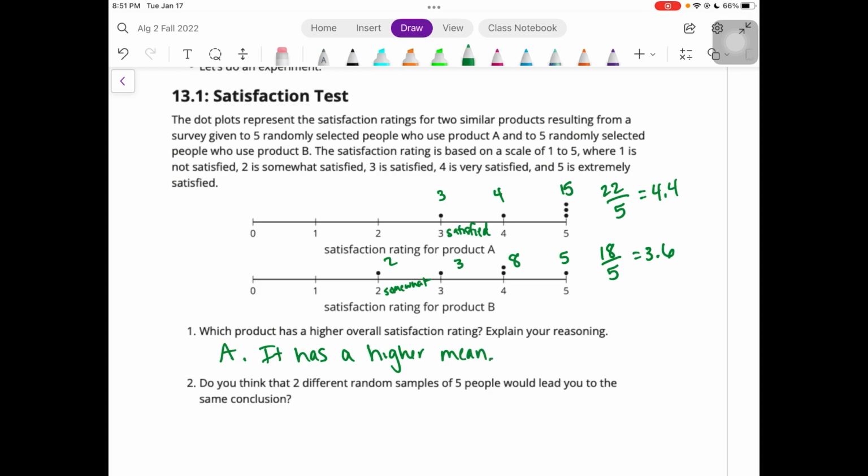Do you think that two different random samples of 5 people would lead you to the same conclusion? It might lead to a different conclusion. The sample size is really small, and we don't really know anything about the total population. So, probably not. It would probably lead to a different conclusion because the sample is so small.